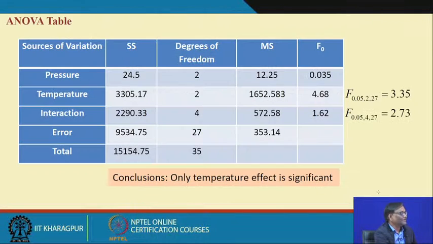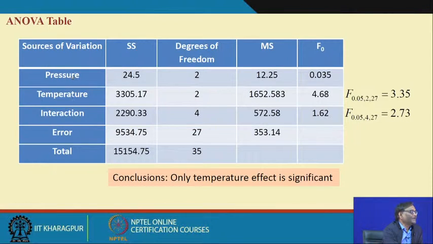When we put all those values in, with the appropriate degrees of freedom, we got MS for pressure as 12.25, and the MS for temperature, interaction and error. The F0 value for pressure is very low, for temperature it is 4.68, and for interaction it is 1.62.